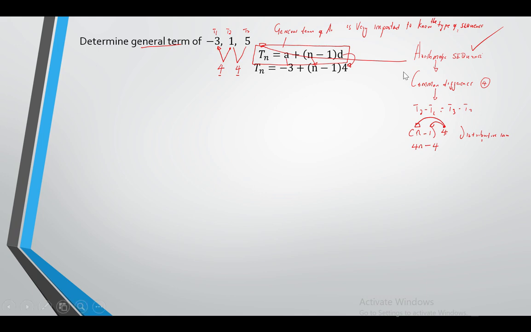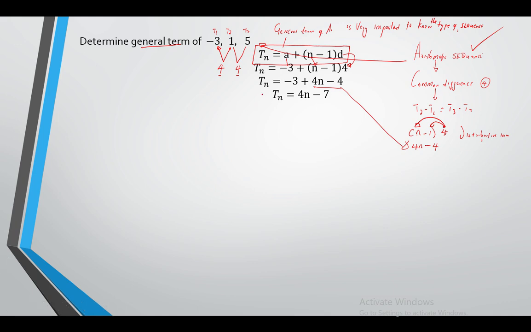So let's check the steps that follow after minus 3 plus (n minus 1) times 4. Good. We applied the distributive law. From here you are going to work with like terms.